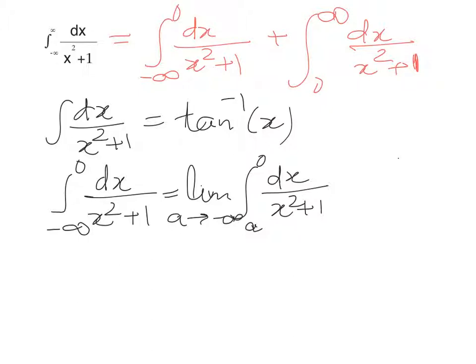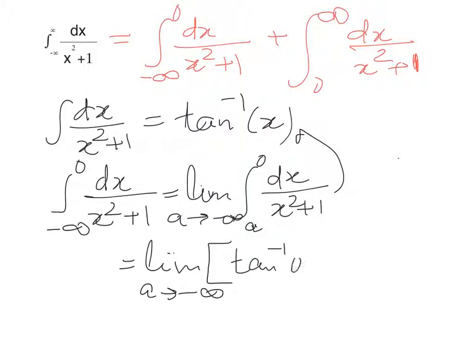Since the antiderivative is tangent inverse x, plugging in the limits becomes tangent inverse 0 minus tangent inverse a.